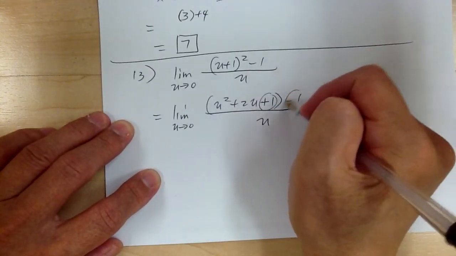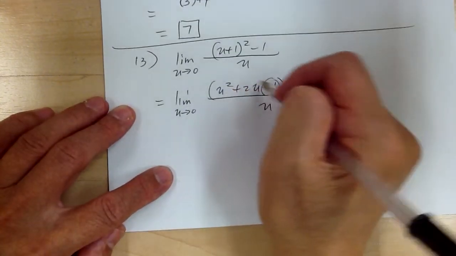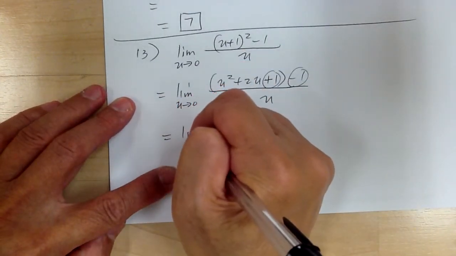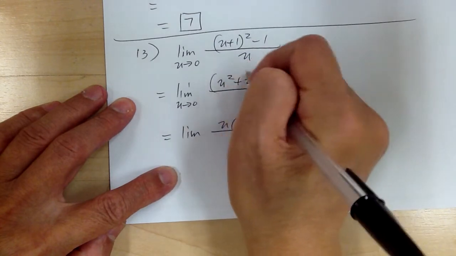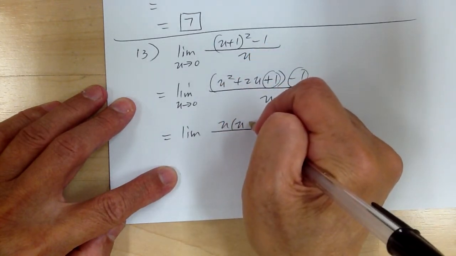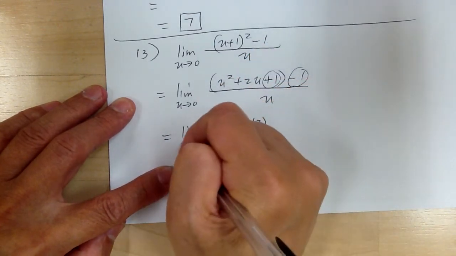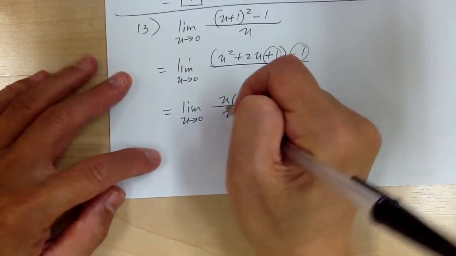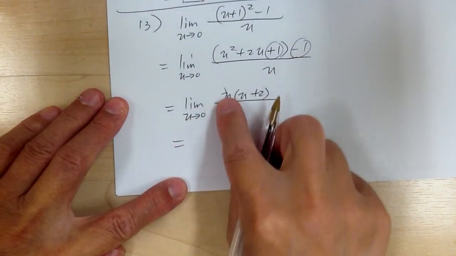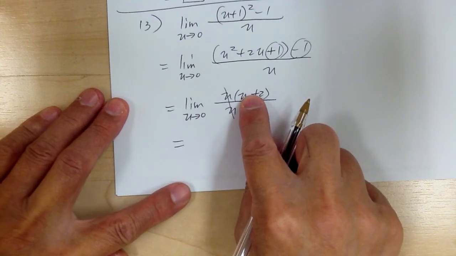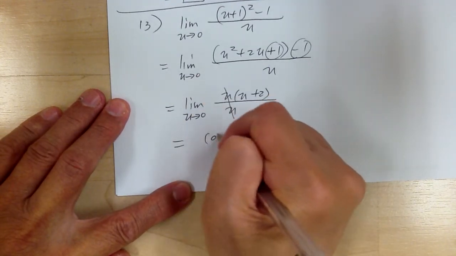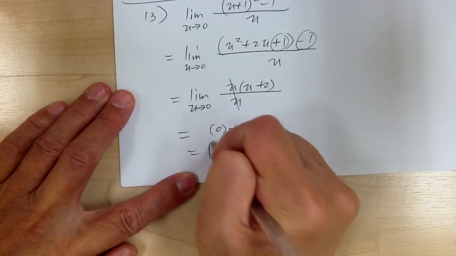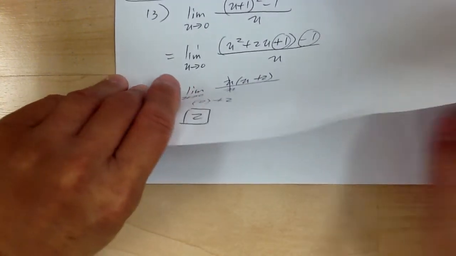So this and this can cancel out, and then you can factor the u. From here you factor the u, you get u times u plus 2 over u. So now this can cancel out. Once you cancel out, then you can substitute directly. So you substitute directly, you get 0 plus 2, equal to 2.